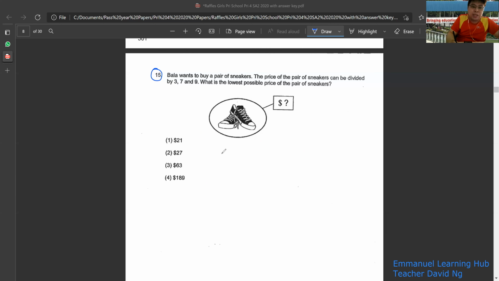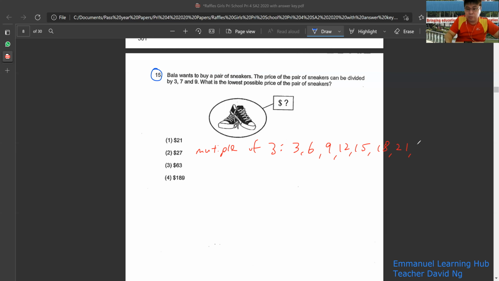So what are the multiples of 3? 3, 6, 9, 12, 15, 18, 21, 24, 27, 30.